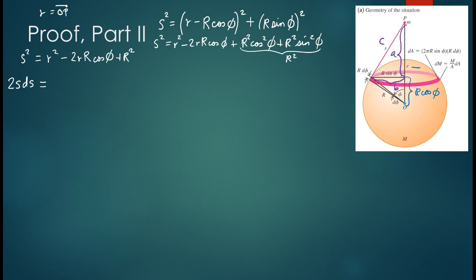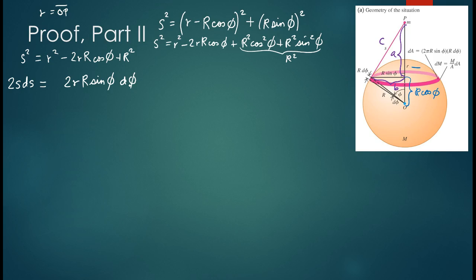So when we take the derivative of r squared, it's going to go away. The same thing with big R, because big R is just the radius of this shell, and remember we're just doing one shell right now. So the only thing that's going to be changing is really the middle term, and the cosine of phi is going to be changing there. The derivative of cosine is going to be negative sine, which will cancel with this negative to give us 2 little r, big R, sine phi d phi.